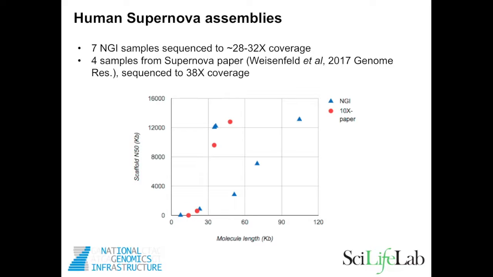There was a point about this in the Supernova paper, which I got the numbers for, marked with the red points, compared to what we did. And if you squint your eyes, you will see that there is a threshold in quality around 30 to 50 kb input molecules.